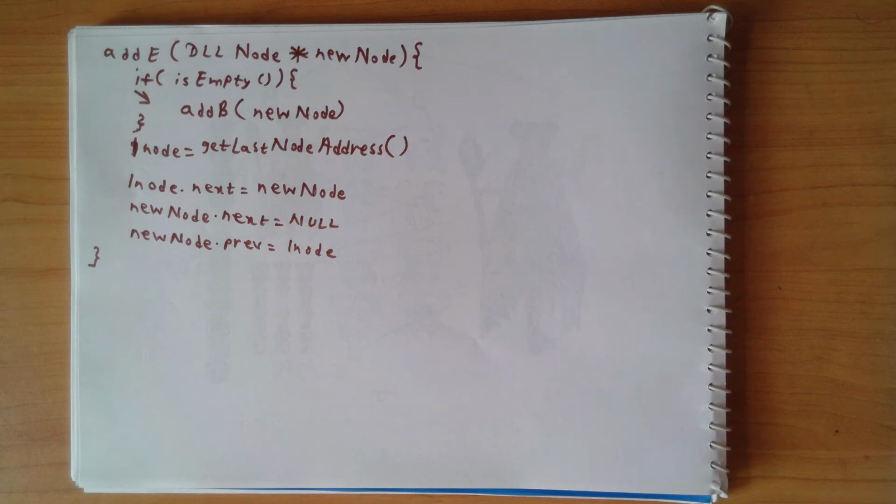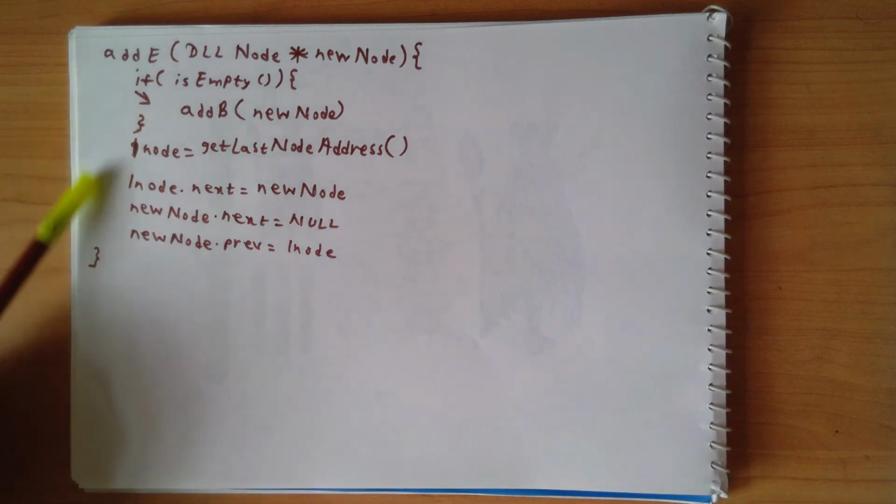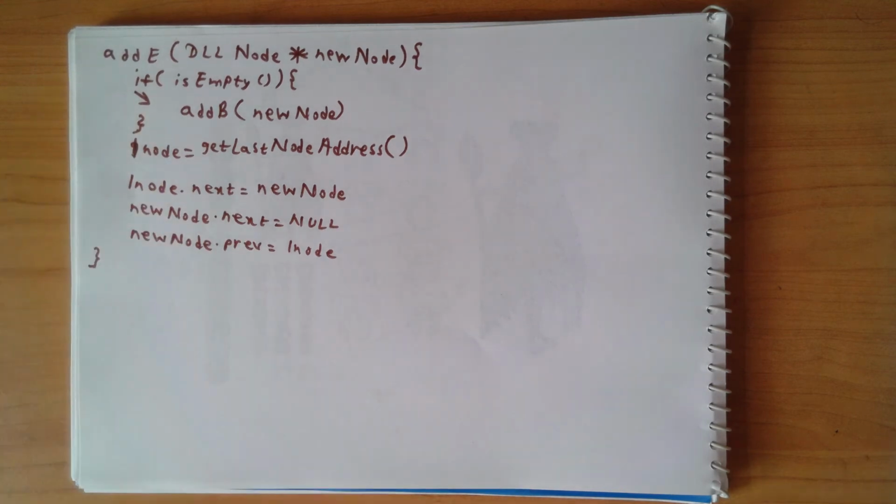However, if we are maintaining our tail pointer which points to the last node in the list, in that case our getLastNodeAddress function will work in constant time. And then the add at the end of the list would be a constant time operation.